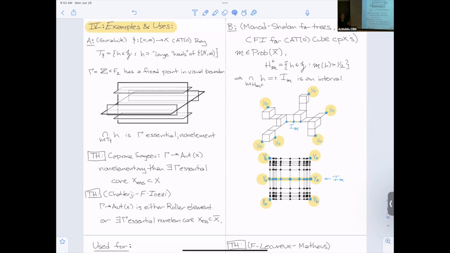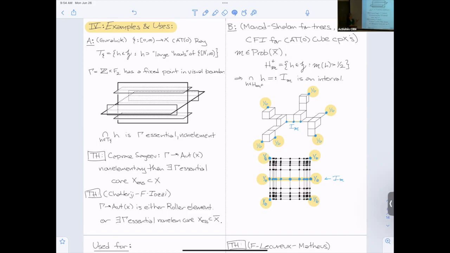So if I look at these heavy half spaces, the half spaces that contain strictly larger than half of the measure, then this gives you a lifting decomposition, and the intersection is an interval. So we have associated to a probability measure, which could be quite wild, an interval in the Roller compactification.